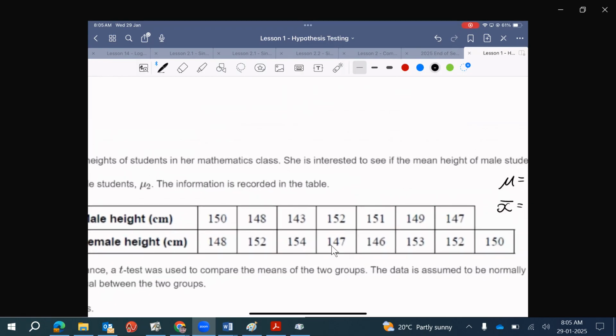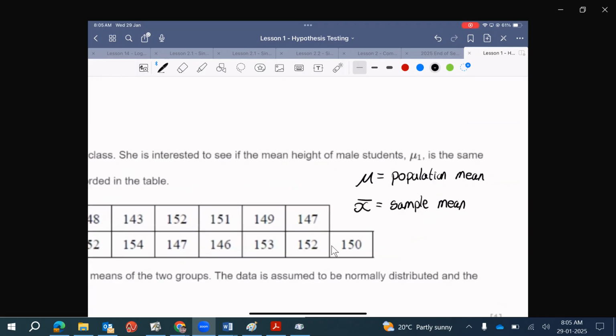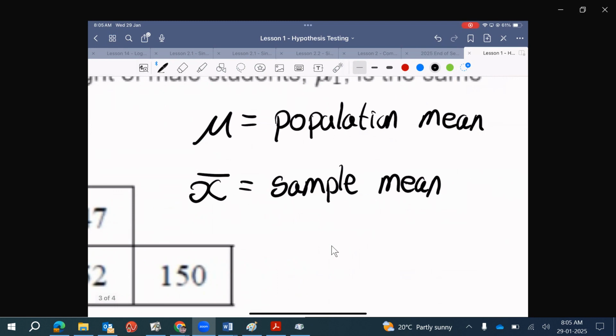So that's the entire population of the class. It's not a selection or a sample of the class. So the difference between these is we use mu when it's the entire population, and we use x bar when it's a sample of the population.